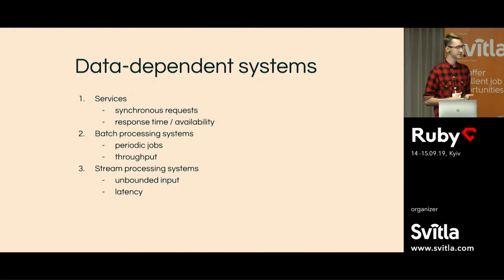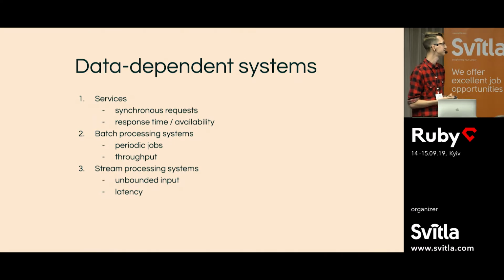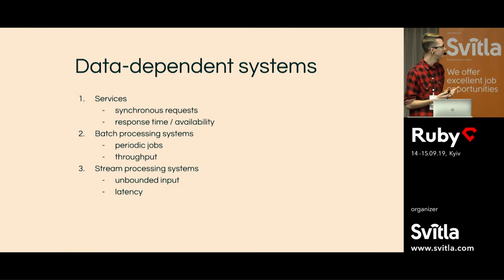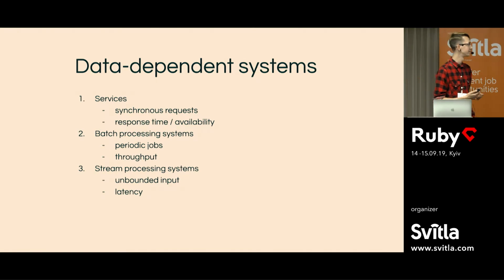Databases, caches, search indexes, web servers, and many other systems work like this. Response time is usually the most important measure here, and availability is often important too. If the client can't reach the service, the user will probably get an error message.